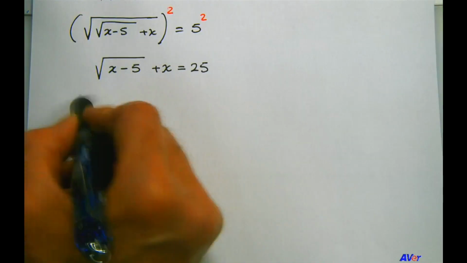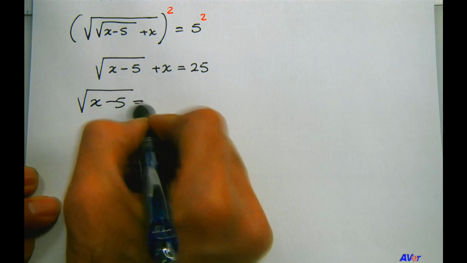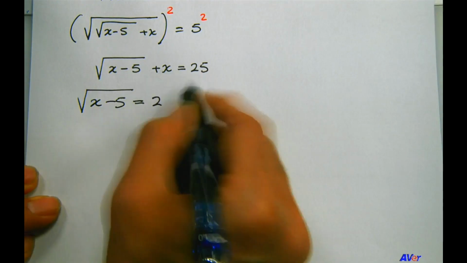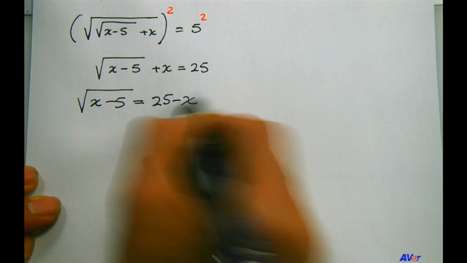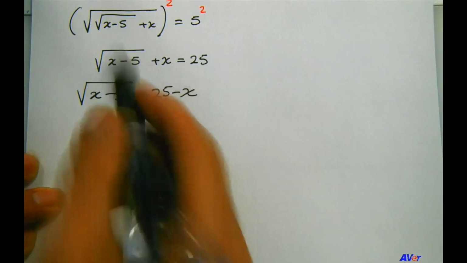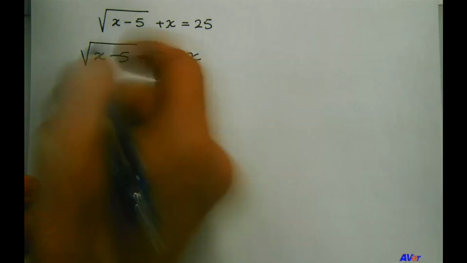So what we will do is square root of x minus 5 equals 25 minus x. Okay, let's move the x to the other side. Now we square both sides again to get rid of this one.